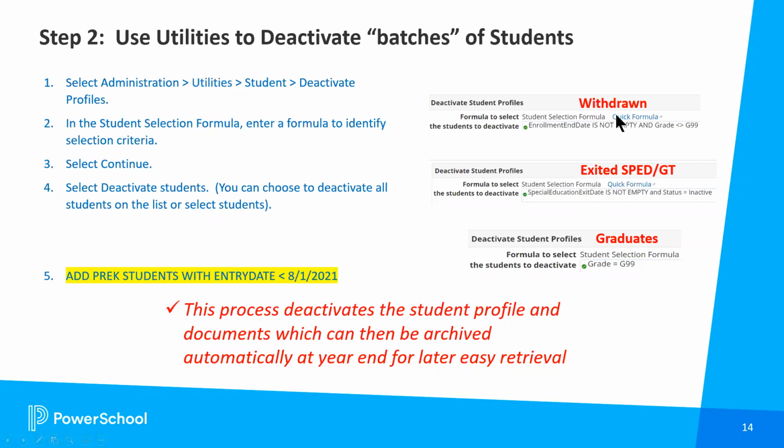In the formula area, I've given you some examples, some different formats. If you're looking for pre-K kids, your enrollment start date would just be probably less than August 1st of this year.